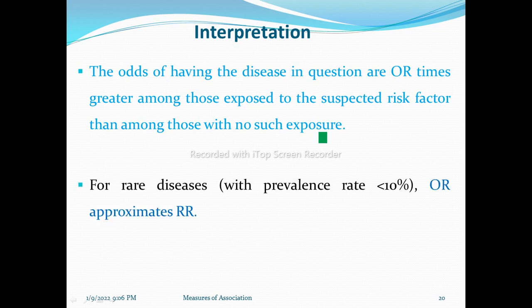So we can interpret this way. For rare diseases, that is prevalence less than 10%, odds ratio approximates relative risk. So when there is a rare disease or when the prevalence is low occurrence, in that case the value of odds ratio and the value of relative risk becomes approximate or equal or nearly equal.